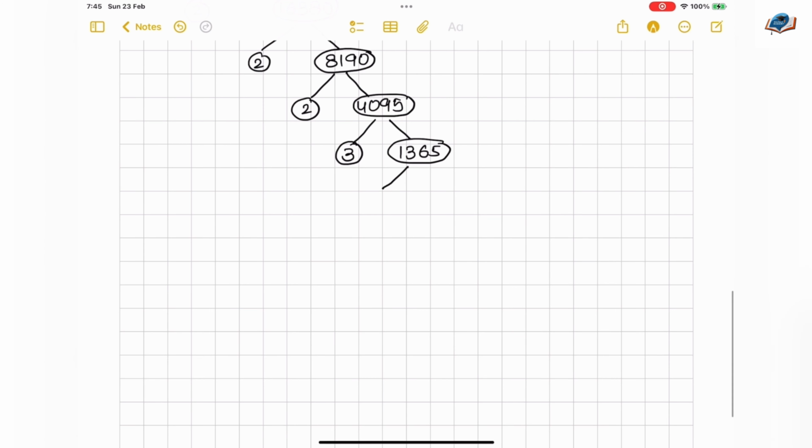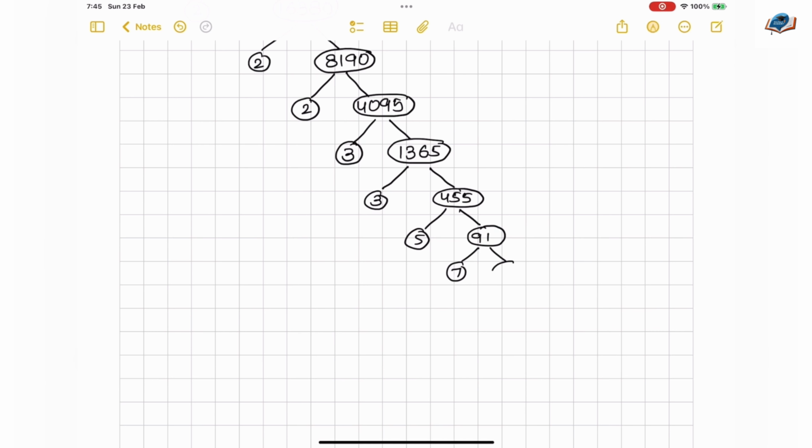Now 1365 will go with 3, so 3 and 455. And 455 will go with 5 and 91. 91 is 7 and 13.